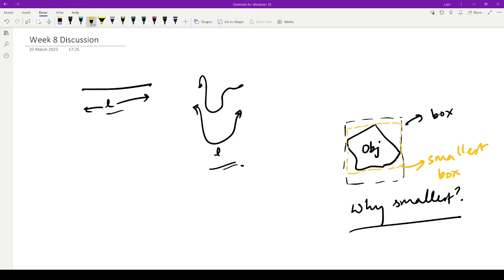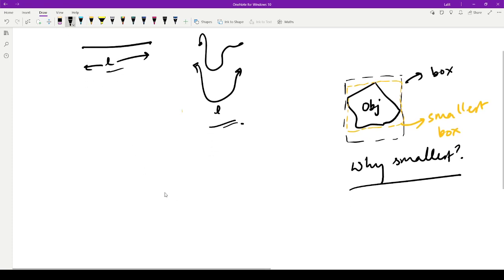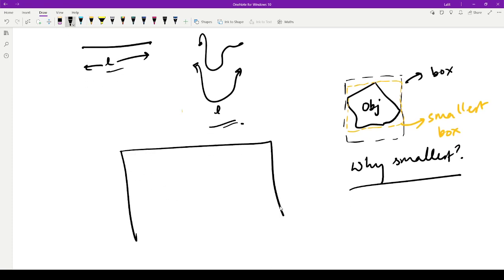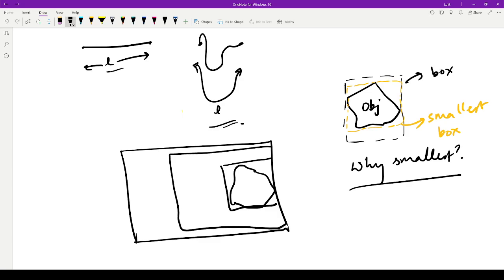So, the simplest example would be that if you have an image like this, and your object is here, you want to localize the object only on this specific part. You can also take a box this big as well, but it doesn't really give much information.